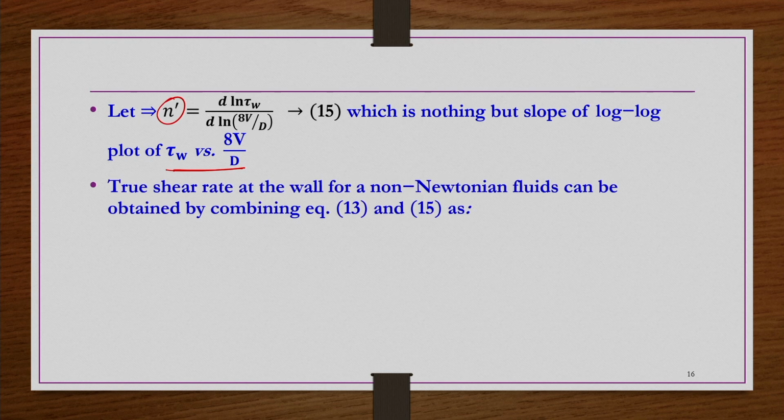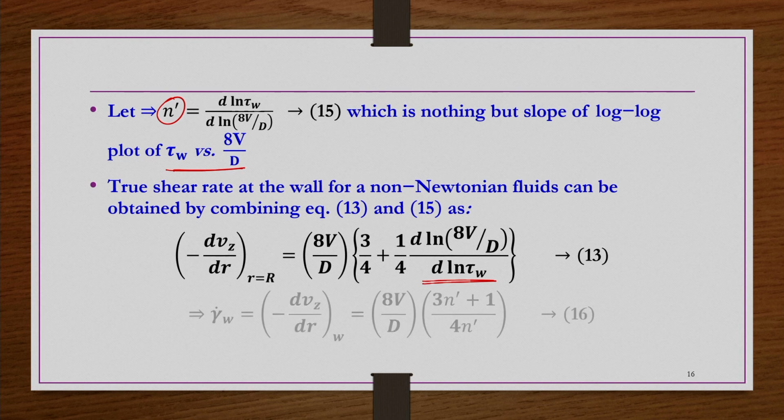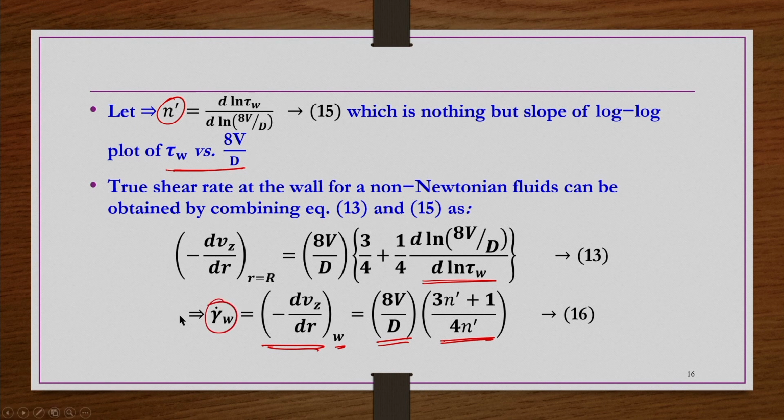So, in equation number 13, in place of this, we can write 1/n prime. So, we have (3n prime plus 1)/(4n prime) multiplied by 8V/D, which is nothing but minus dVz/dr at the wall, which is nothing but gamma dot w.